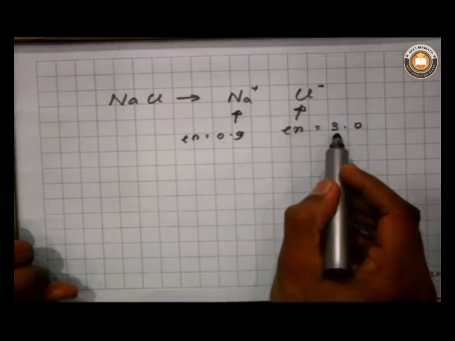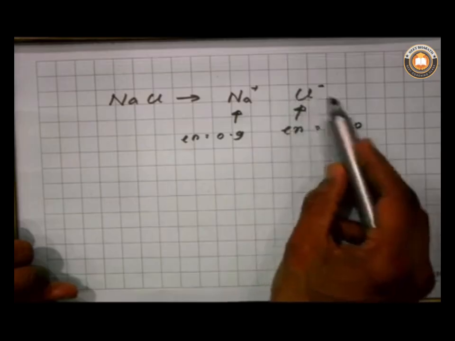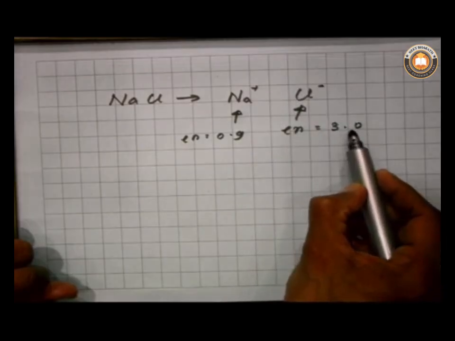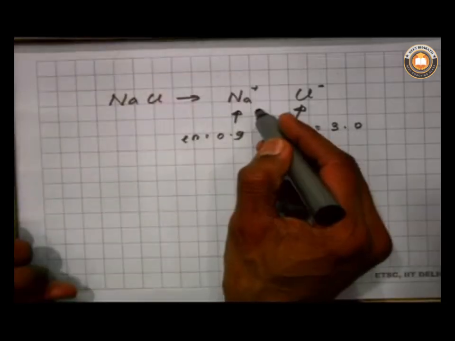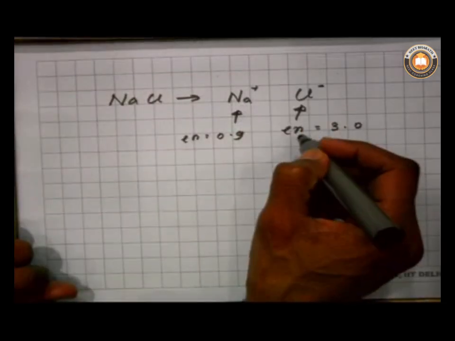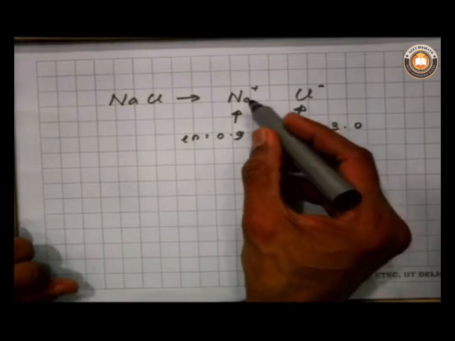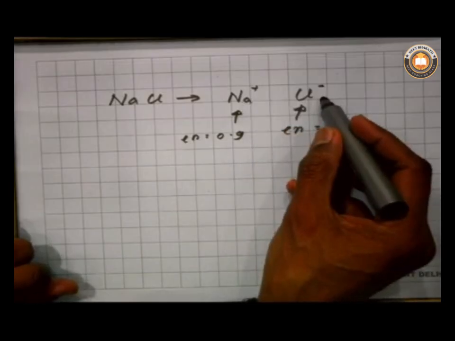which means that chlorine has a tendency to pick up an electron because this electronegativity value is high. So, in the solid state we expect that sodium chloride would exist as Na plus and Cl minus.